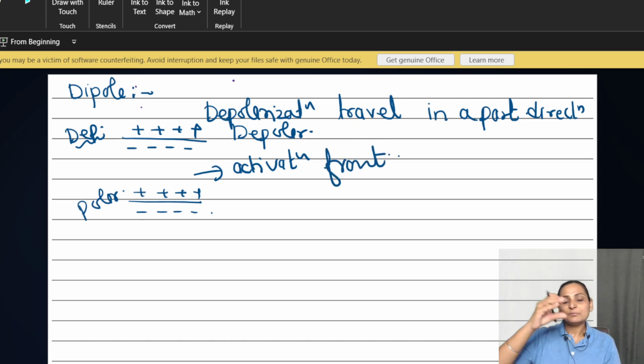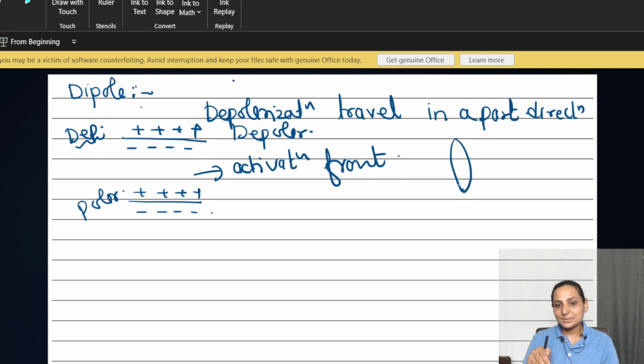When the wave of depolarization, the electrical activity, travels from one point to another, one part gets depolarized and the adjacent part is yet to be depolarized. So what are you creating? You are creating a dipole, isn't it? There are two opposite poles, one negative and one positive.